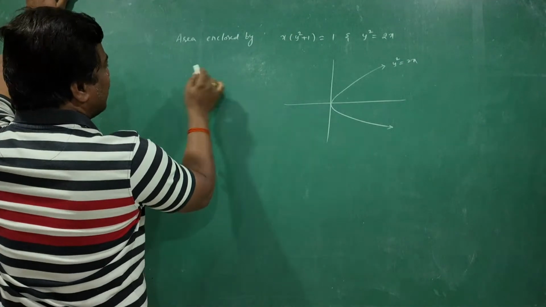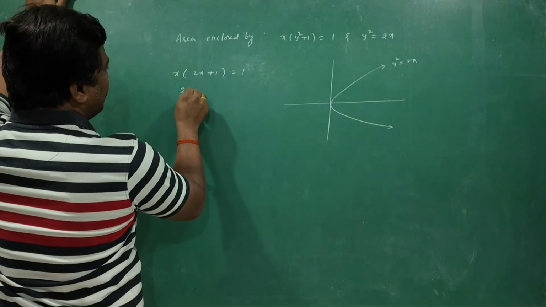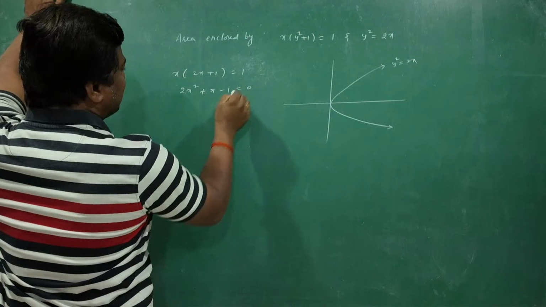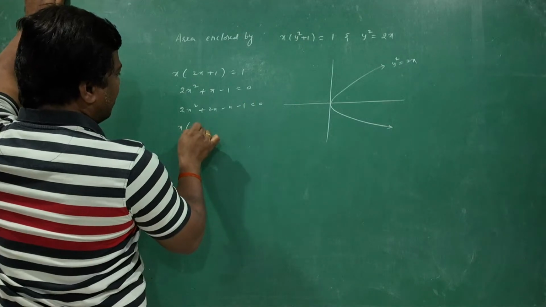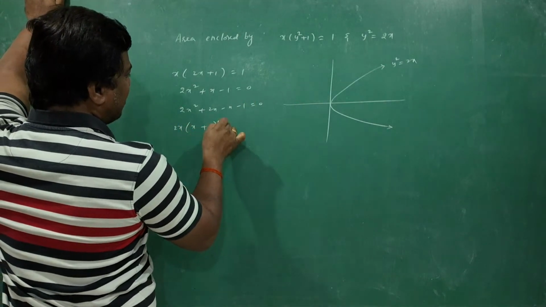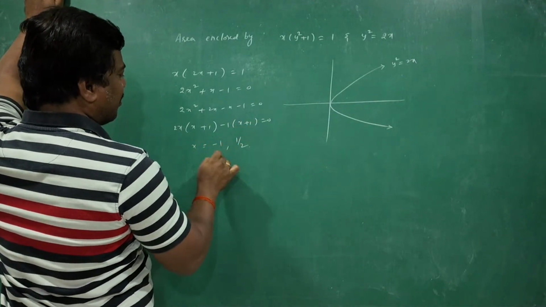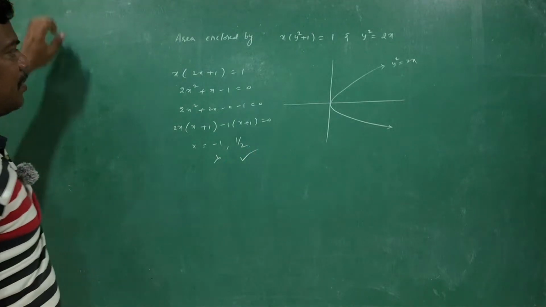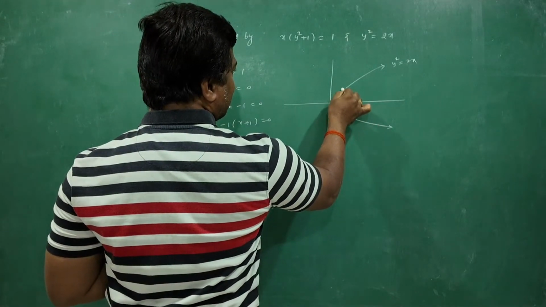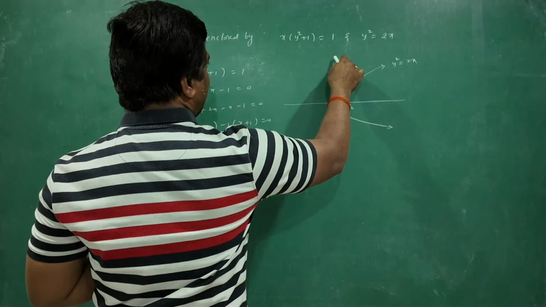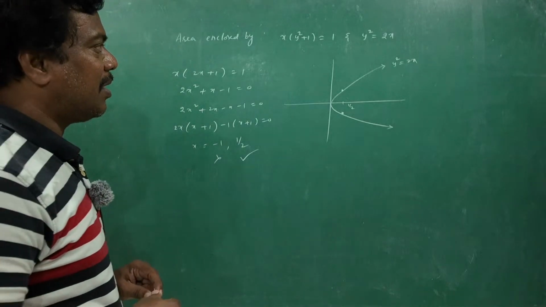Observe what happens. x into y square, with y square equal to 2x, plus 1 equals 1: 2x square plus x minus 1 equals 0. 2x square plus 2x minus x minus 1 equals 0. 2x common, x plus 1, minus 1 common, x plus 1 equals 0, and hence x is either minus 1 or 1 by 2. Minus 1 is not possible, but 1 by 2. So they intersect at x equal to 1 by 2, at this point and this point. So you will get the graph, and when you put x value 1, y is plus or minus 1.